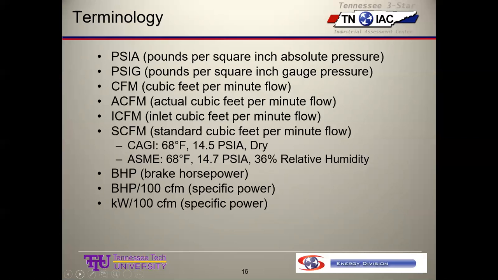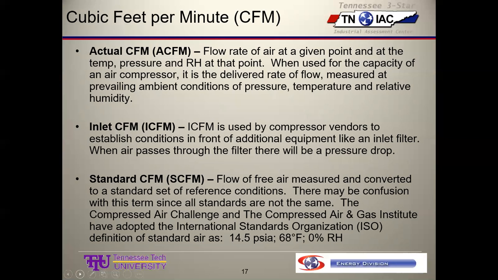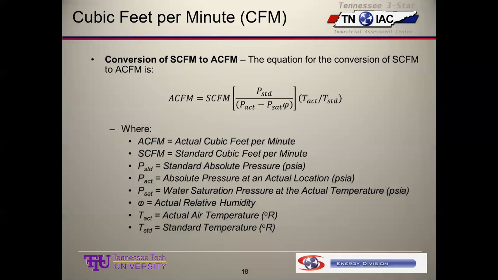And we can also state this in terms of kW to produce 100 CFM. These are some definitions of actual, inlet, and standard CFMs. I kind of just went through that, so I'll let you read those. But you do need to be comfortable with these different definitions.